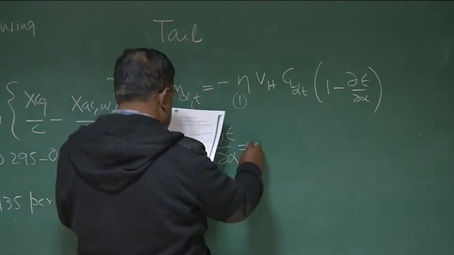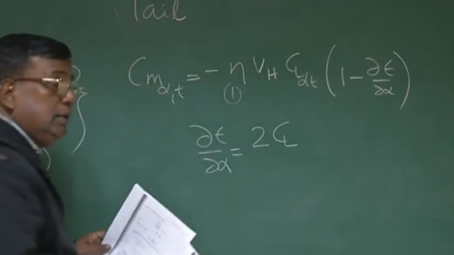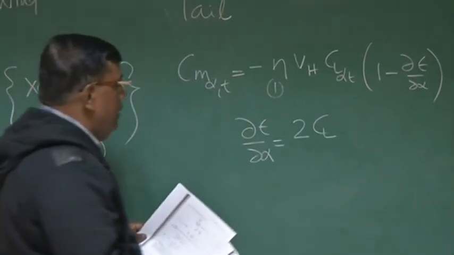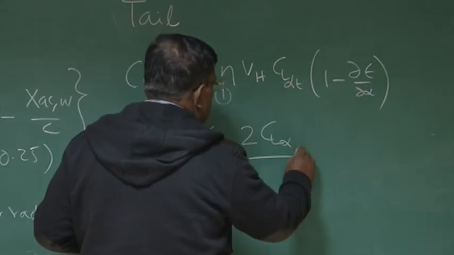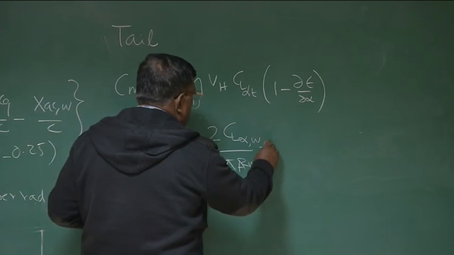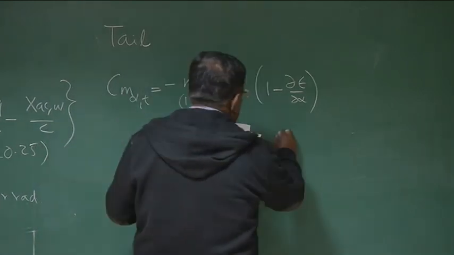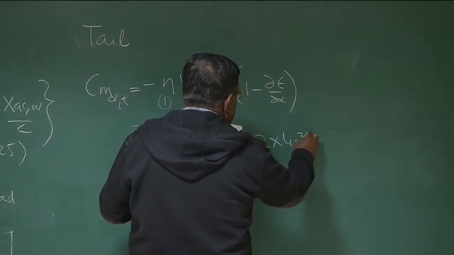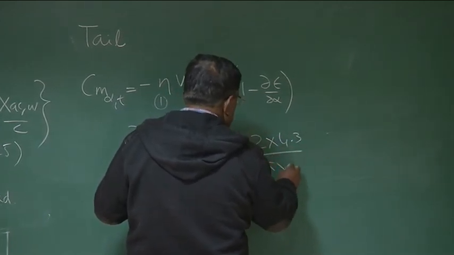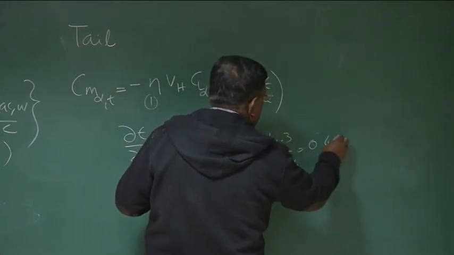So I calculate d epsilon by d alpha using this expression, 2 CL alpha wing by pi aspect ratio wing. If I put this number, I will get this as 2 into 4.3 by pi into 6.06, and this is 0.45.